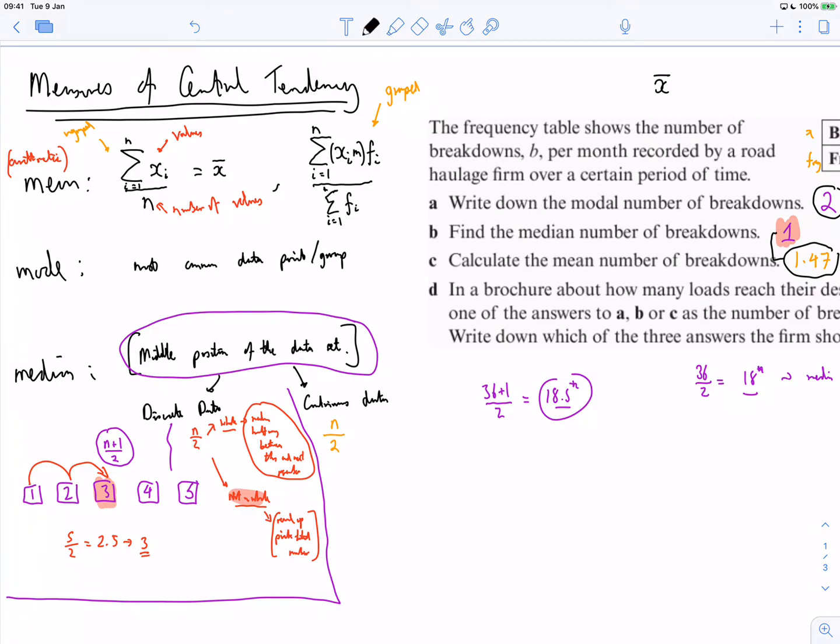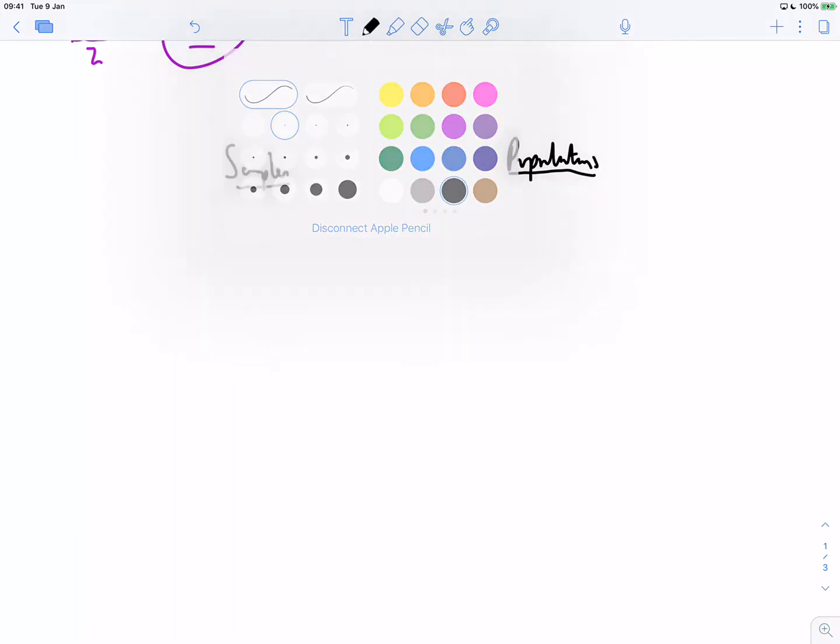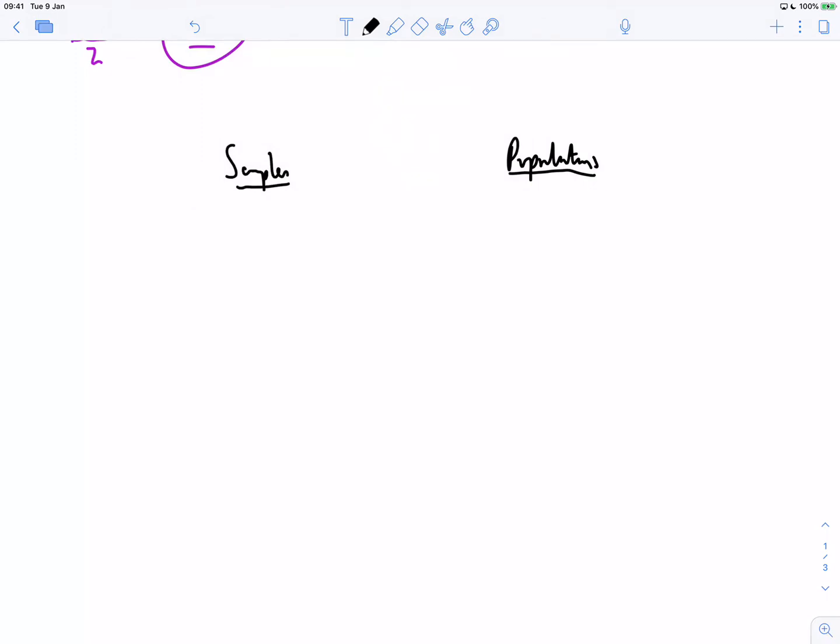As a side note, and it won't be so much important for A-level maths, but generally in statistics, we're going to be looking at samples and we're going to be looking at populations. If there's a large population and you take a sample from that population, then when we're looking at the mean for a sample we would use x bar to denote the mean, whereas for a population we would use mu.